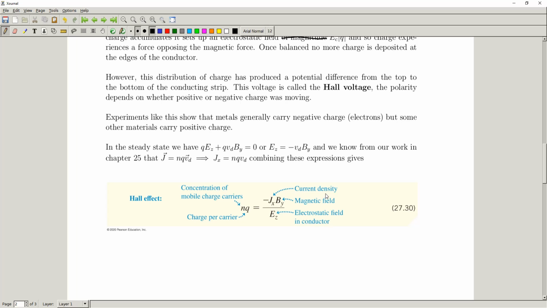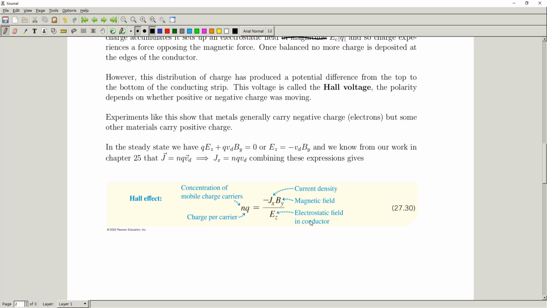Okay, so let's take a look at what the Hall effect is telling us. It's telling us that the concentration of mobile charge carriers, N, times the charge per carrier is going to be equal to the negative of our current density times our magnetic field divided by our electrostatic field in our conductor.